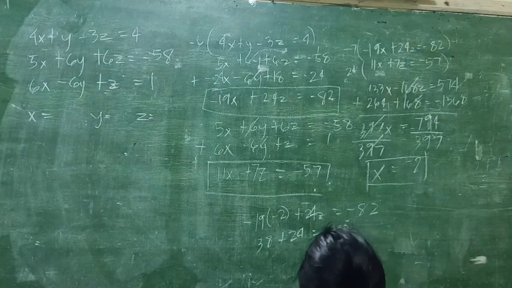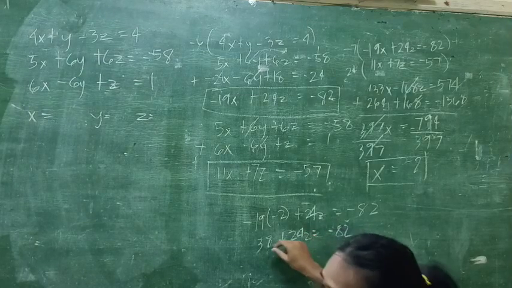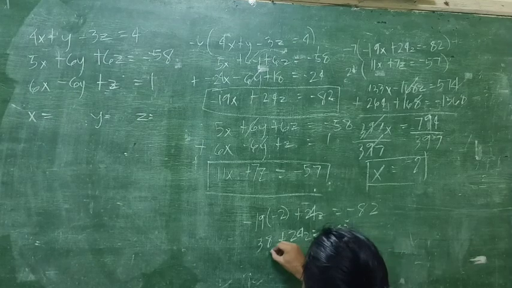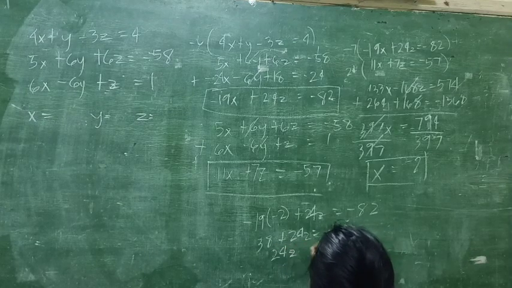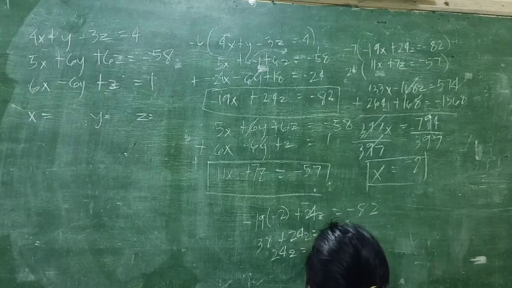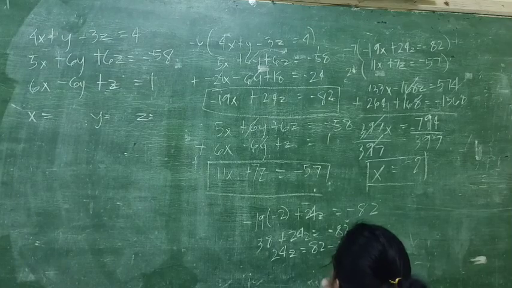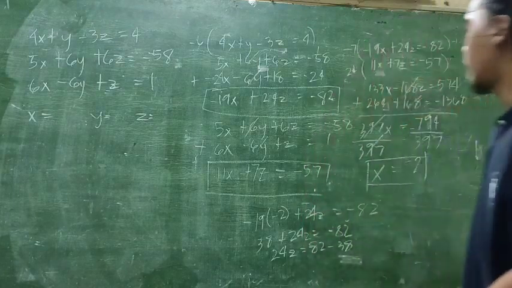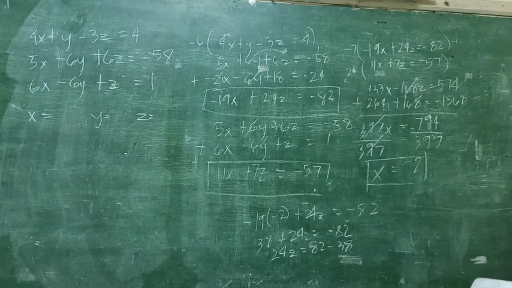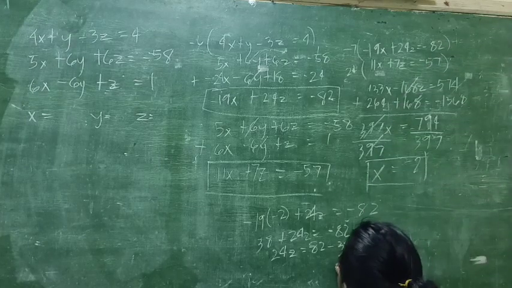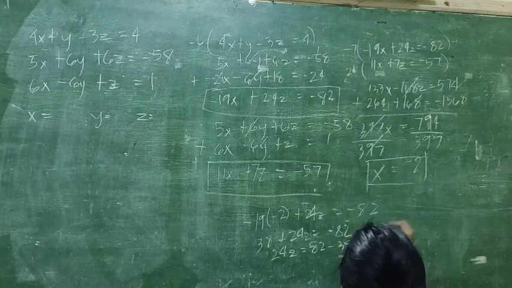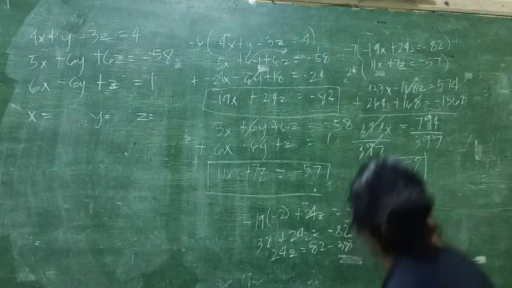Okay, so z. Transpose 38. So what we have left is 24z equals negative 82 minus 38. Since they are both negative, we just combine them.